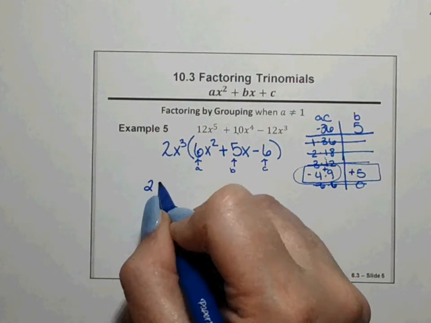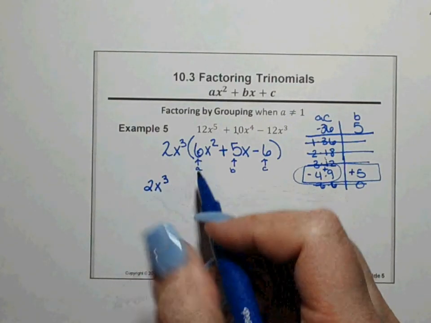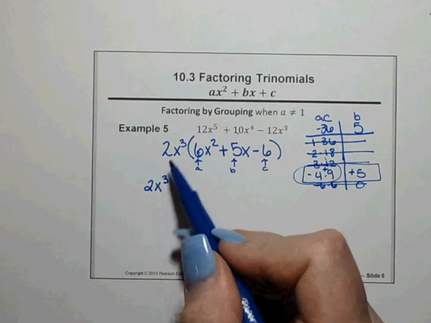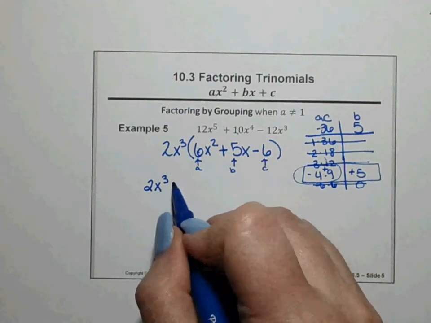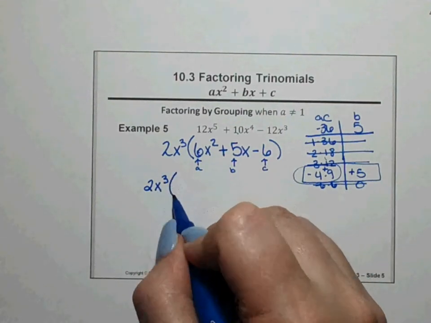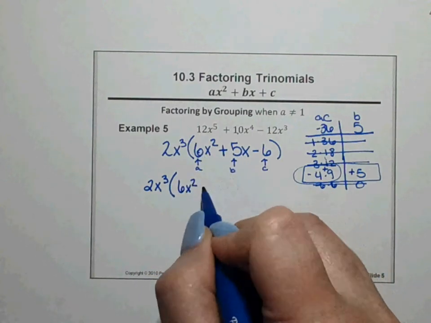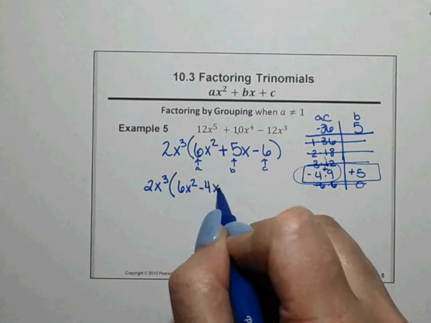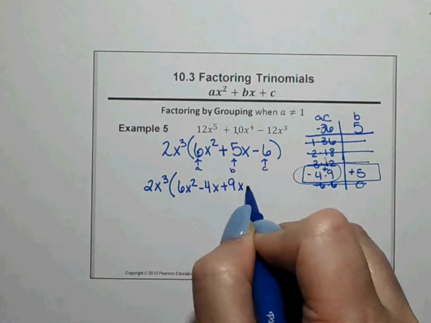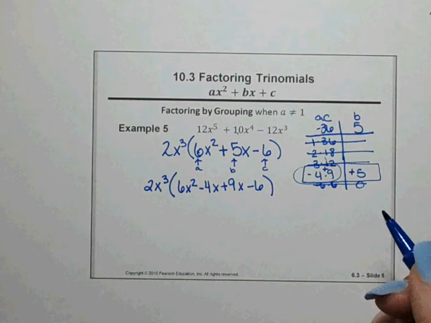So I don't want to forget this GCF. That has to carry down with me, okay? So I'm going to rewrite here. So I've got 6x squared, rewrite this B term, minus 4x plus 9x minus 6. Okay?